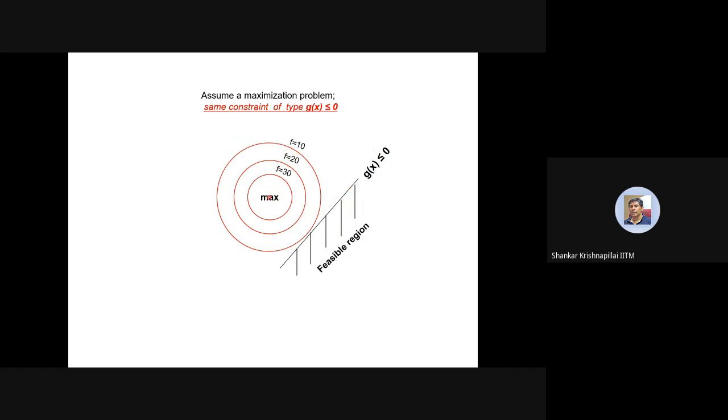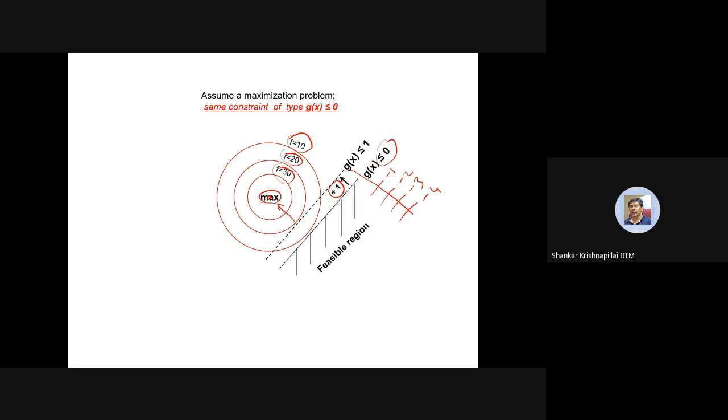Now suppose you do maximization. Maximization means the center of the contour is the maxima, and you have to reach this maxima, and the values of contours will decrease like this as you go away from the center. So your objective function is 30, 20, 10, etc. This is the feasible region, with the constraint less than or equal to 0. As you go into the feasible region, the objective function will have values like this. But we want to go in the +1 direction.